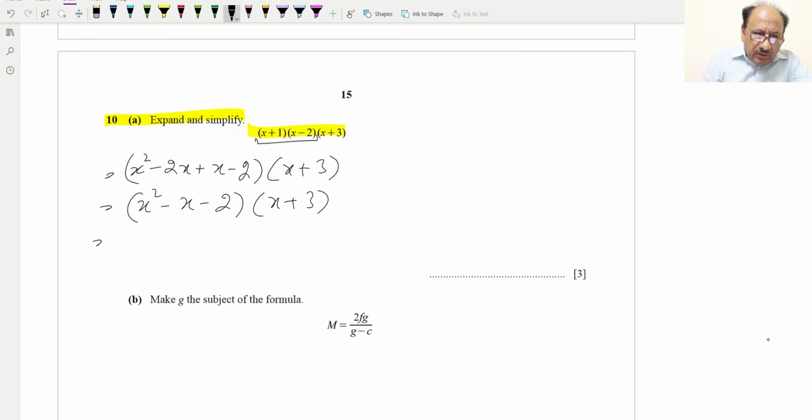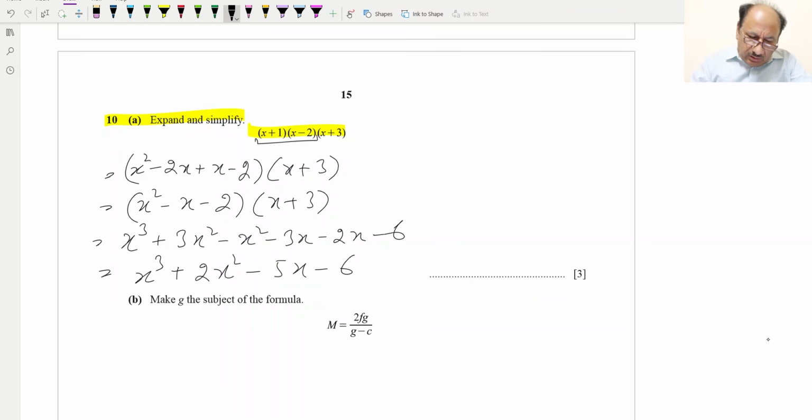Then we multiply: x squared with x gives x cubed, then 3 with x squared is plus 3x squared, then minus x with x is minus x squared, minus x with 3 is minus 3x, minus 2 with x is minus 2x, and minus 2 with 3 is minus 6. Now adding the like terms, our answer will be x cubed plus 2x squared minus 5x minus 6, and this is a 3-mark question.